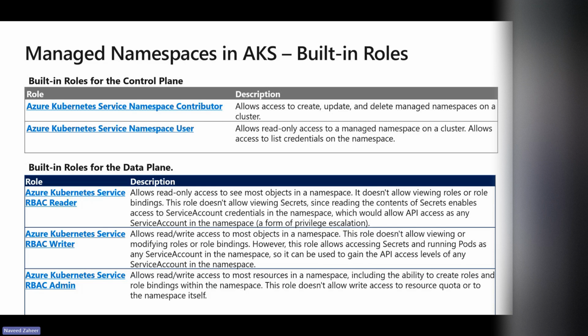And then you have the data plane roles. These are the roles which can do things with the namespace, like change policy and all that. Okay, who are these roles? These roles are AKS RBAC Reader, which can read, of course, Writer, which can write or set things, deploy things, and then finally RBAC Admin.